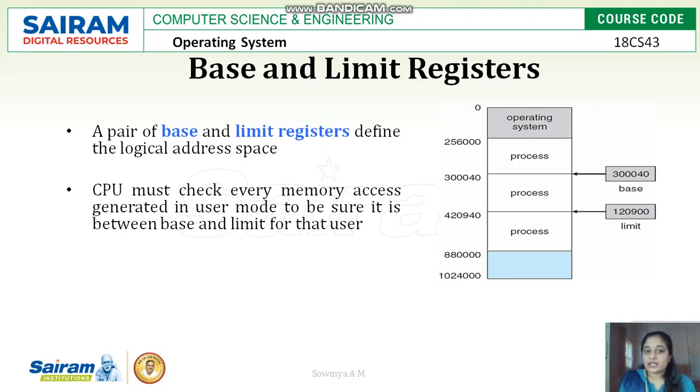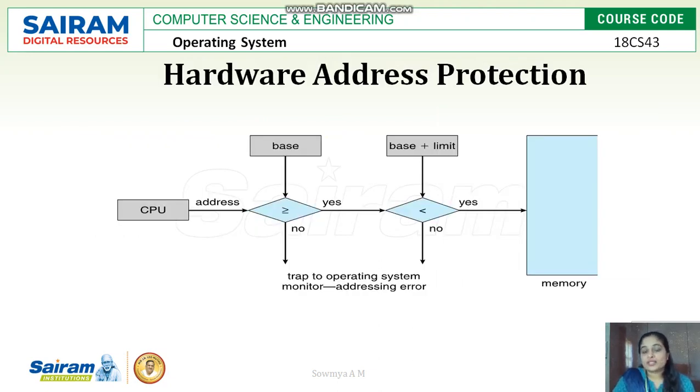The CPU must check every memory access generated in user mode to be sure it is between the base and the limit plus base register only. So this is how the hardware, or the main memory, is protected from unwanted access. The CPU will always provide an address.